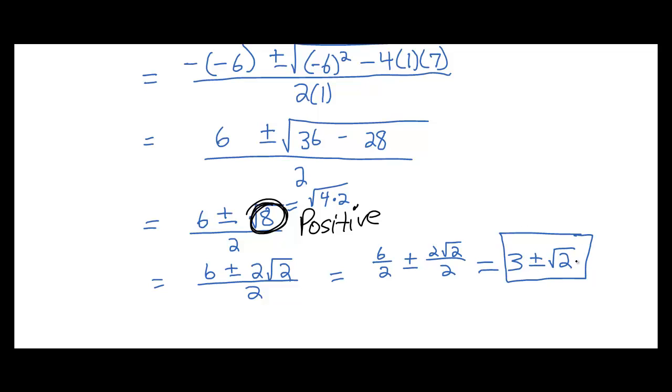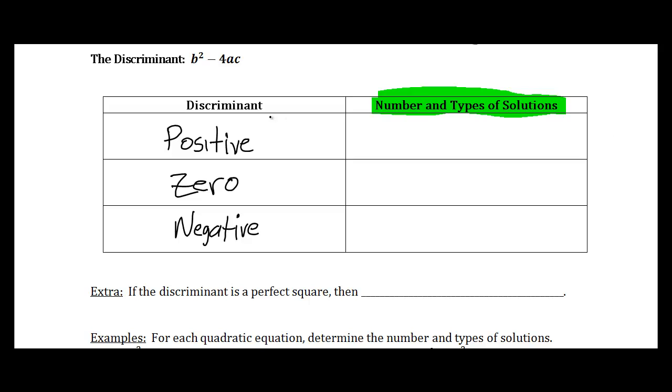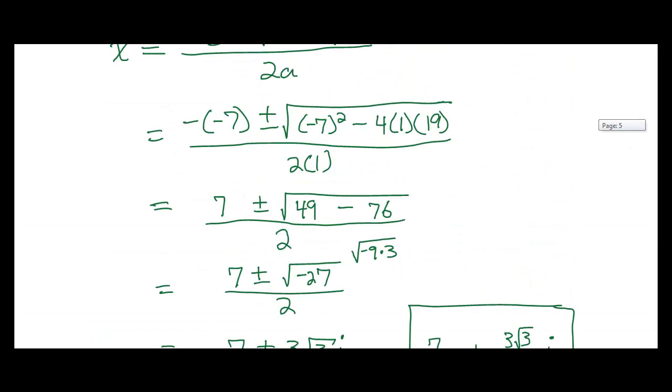And they're both real numbers. I don't see an imaginary number, all right? So when I fill in my chart, when my discriminant is positive, I'm going to have 2 real solutions.